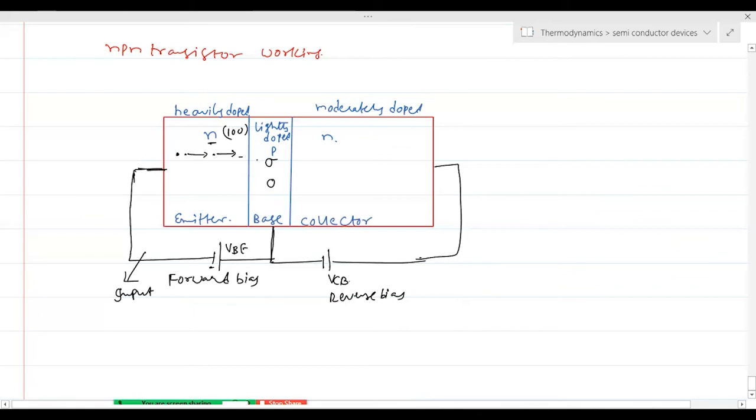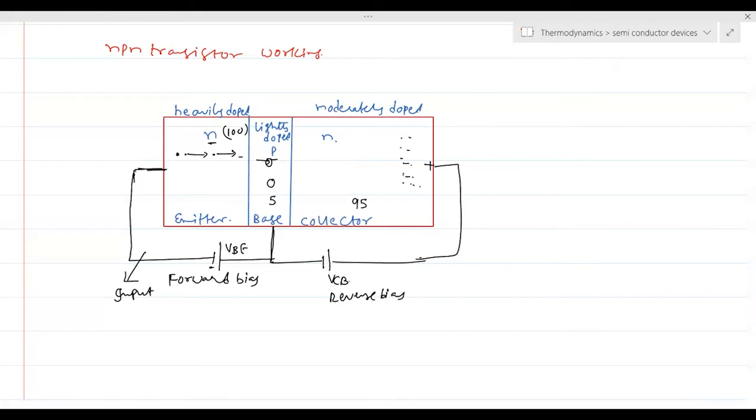Some electrons enter into the holes and get nullified, so recombination of electrons and holes takes place. Suppose we lost 5 electrons here. The remaining 95 electrons are collected by the positive plate. That means most of the electrons emitted from the emitter are collected by the collector.